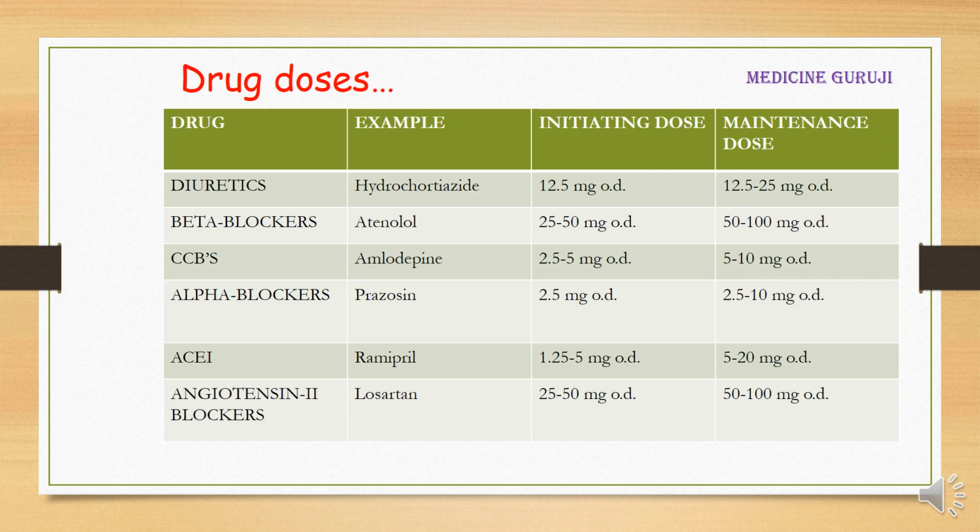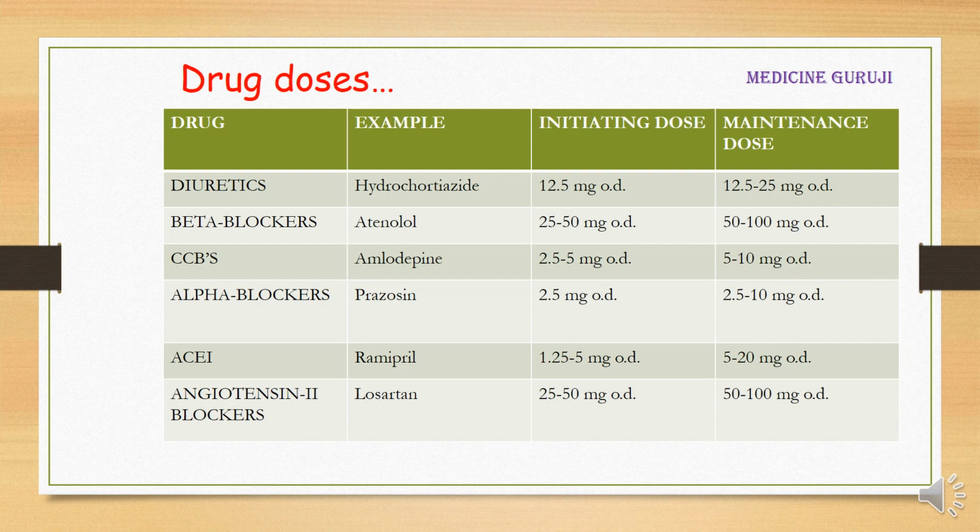Calcium channel blockers, amlodipine, 2.5 to 5 mg OD. Maintenance is 5 to 10 mg. Alpha blocker, prazosin, 2.5 mg OD initiating dose, maintenance dose is 2.5 to 10 mg OD.